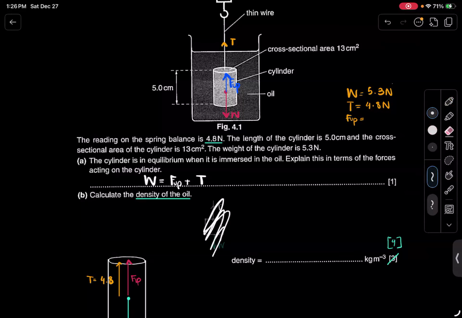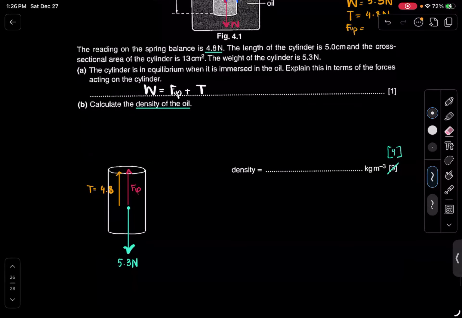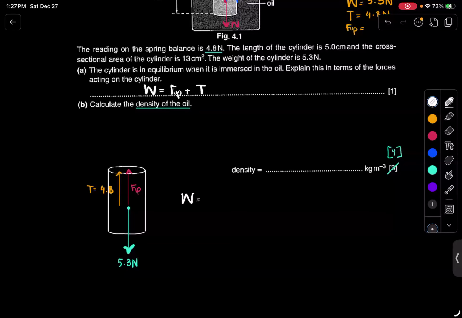Okay, sounds good. So we know that the weight equals the upthrust plus the tension, right? That's what the expression is. So 5.3 Newton equals 4.8 Newton plus upthrust.